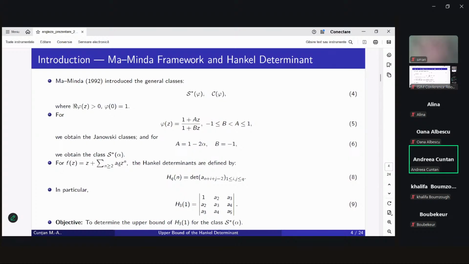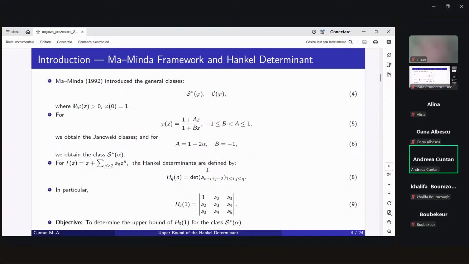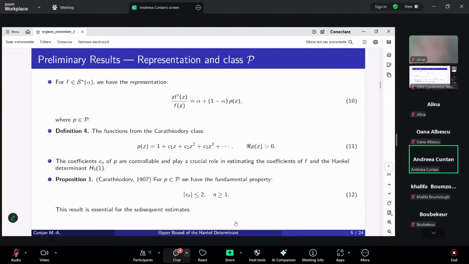For relation, the Hankel determinants are defined in the next relation. In particular, the Hankel determinant H3(1). Our objective is to determine the upper bounds of the Hankel determinant H3(1) for the class of star-like functions.